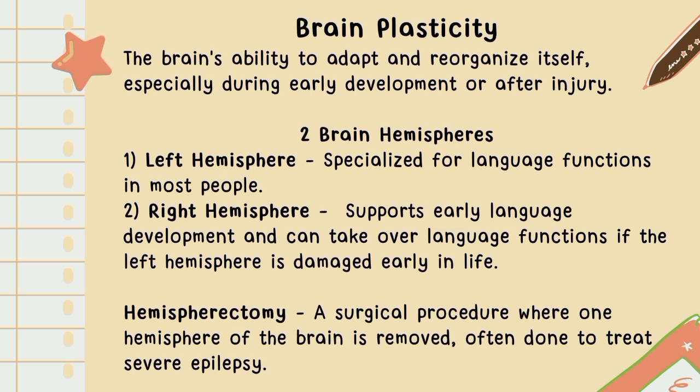There are two brain hemispheres, the left hemisphere and the right hemisphere. The left hemisphere is specialized for language functions in most people, while the right hemisphere supports early language development and can take over language functions if the left hemisphere is damaged early in life.